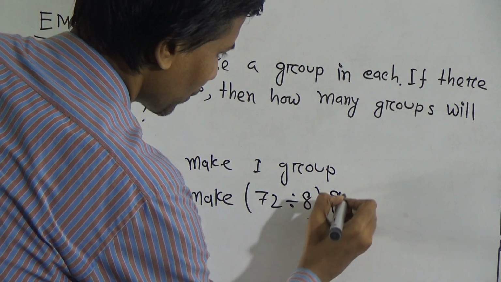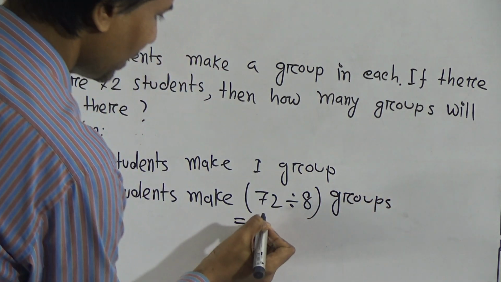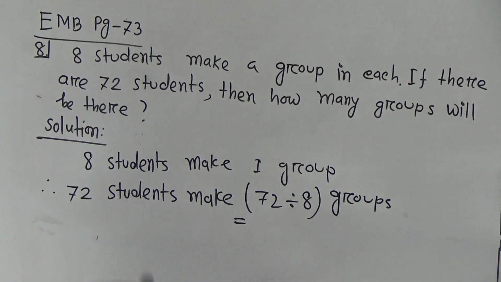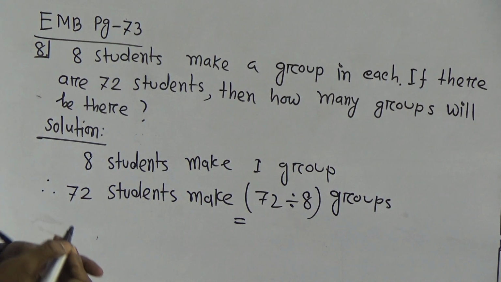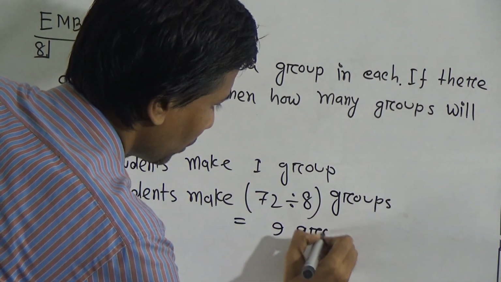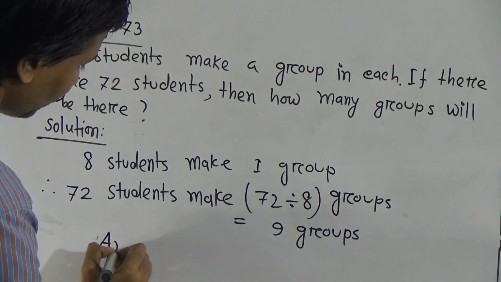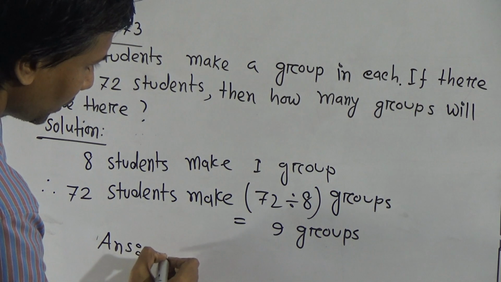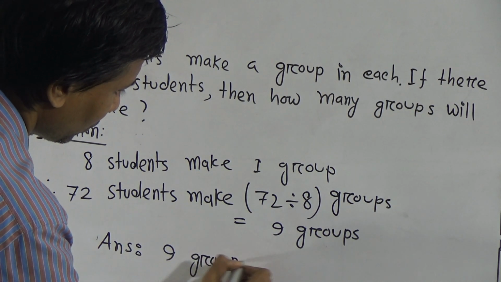Groups is equal to what? 72 division 8. You know 8 9s are what number? 8 9s are 72. So here 9, 9 groups. Write the answer: 9 groups.